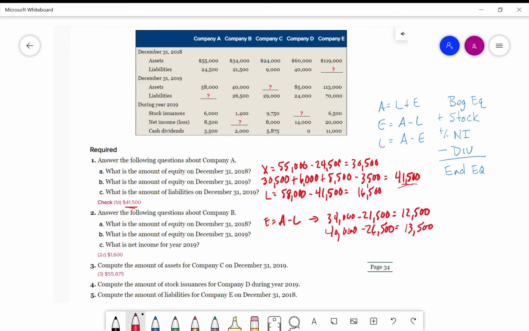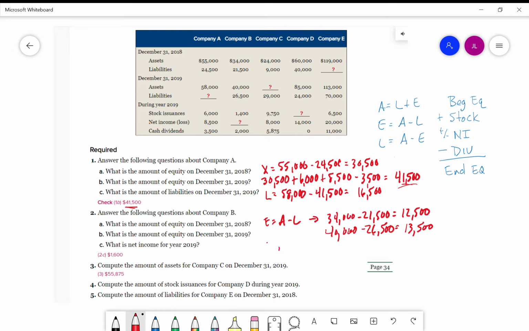Okay, so we got part one and part two. Now we're asking for net income for the year. We can use this equation again to calculate it. We have our beginning equity, which we know is 12,500. We calculated that here.